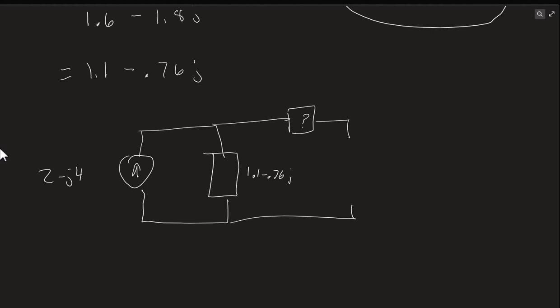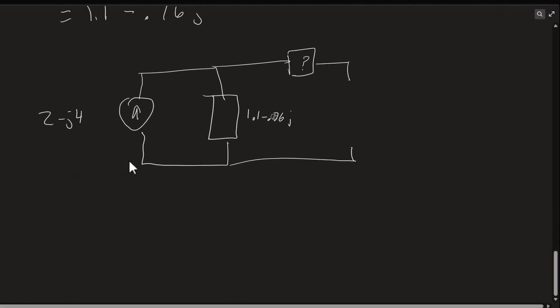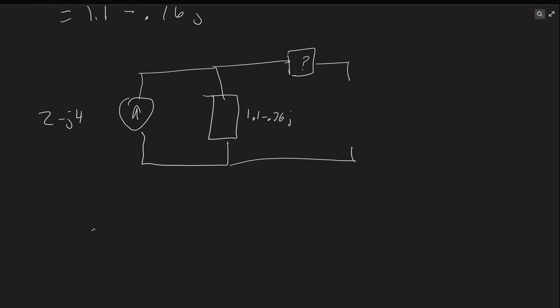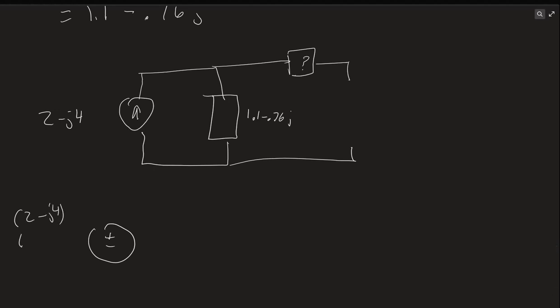Okay, well, now we want to get it to where these are in series with our component that we're trying to add. So we'll do a source transformation back to a voltage source. I don't really care what the value of the voltage source is. It's 2 minus j4 times 1.1 minus 0.76j, whatever that is. And then I have an impedance of 1.1 minus 0.76j.